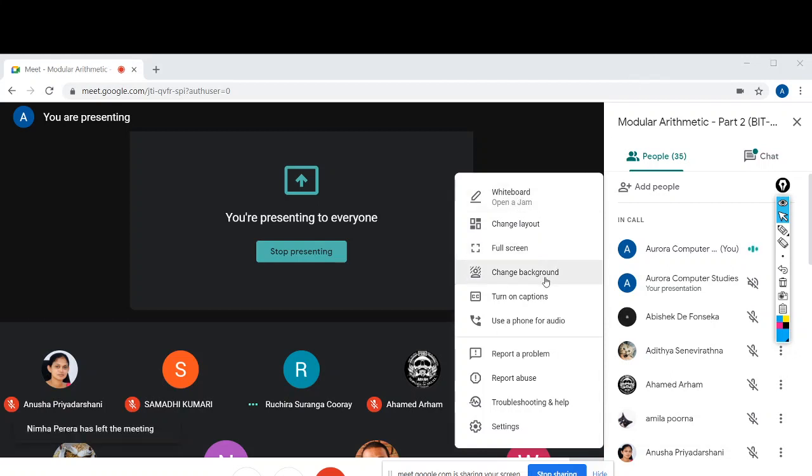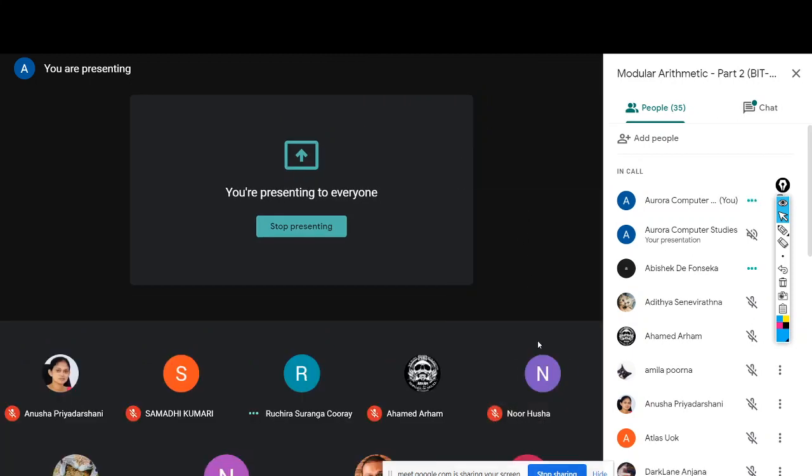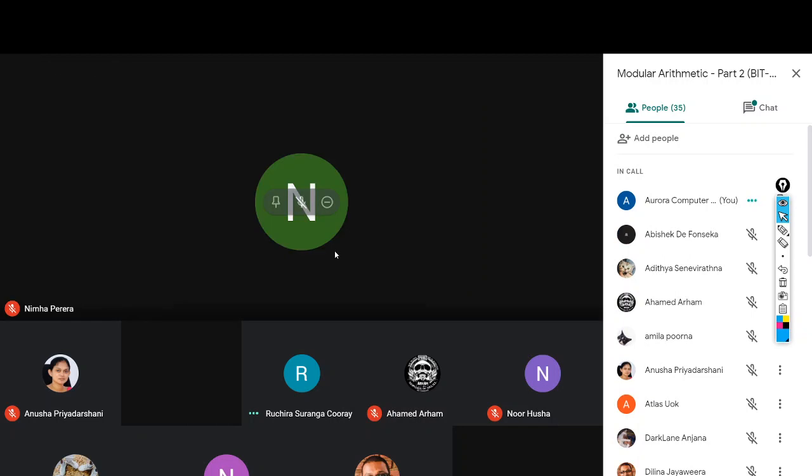Can someone tell me, then I can quickly do that? I don't see any option like that. I have basically shared the entire screen. Okay, I'll reshare it again.